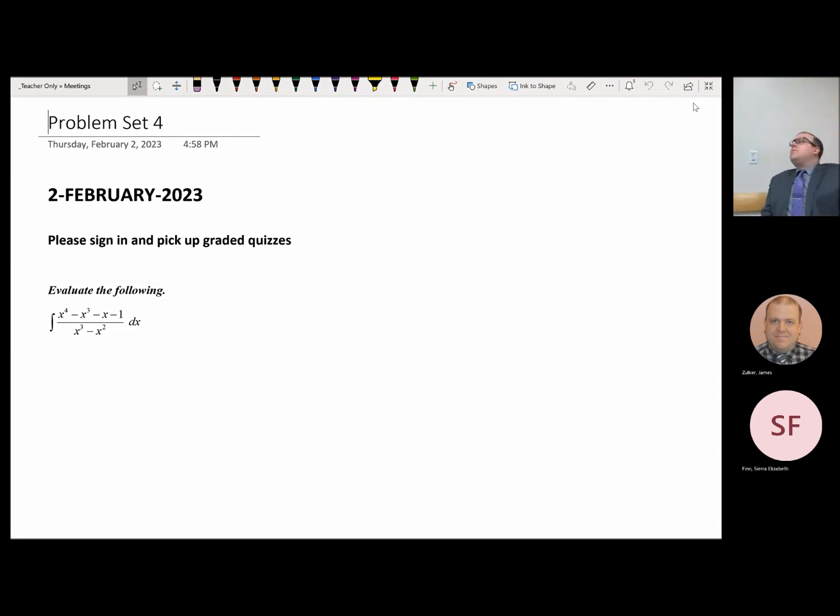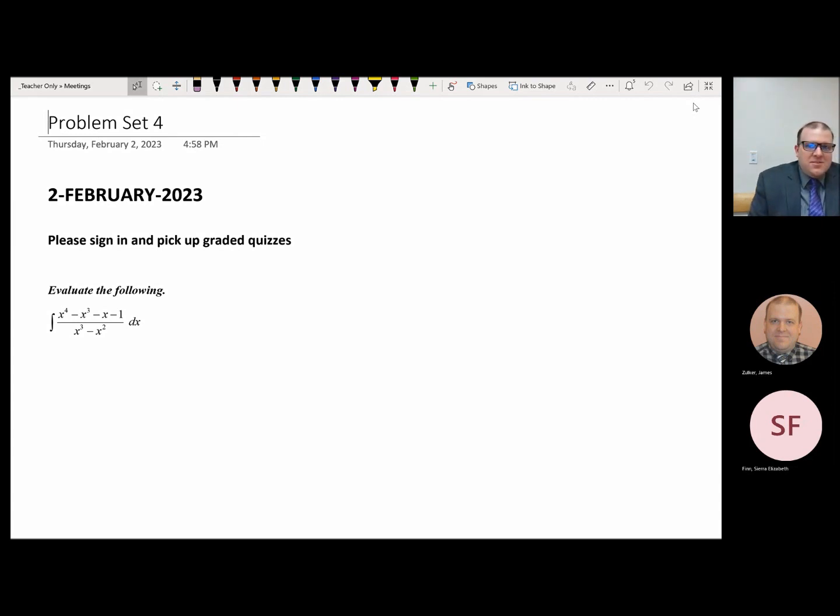The general idea of the method of partial fractions is, first, you want to make sure that your fraction is proper. What does it mean for a rational function to be proper? Who remembers?